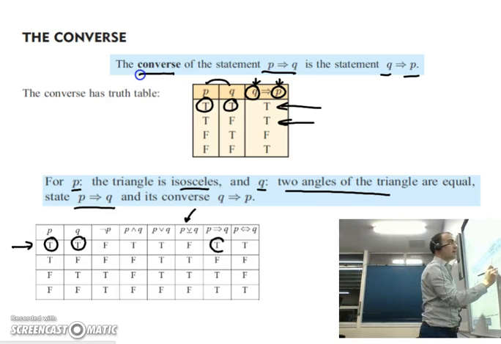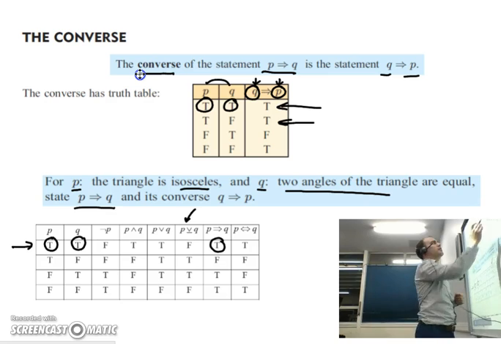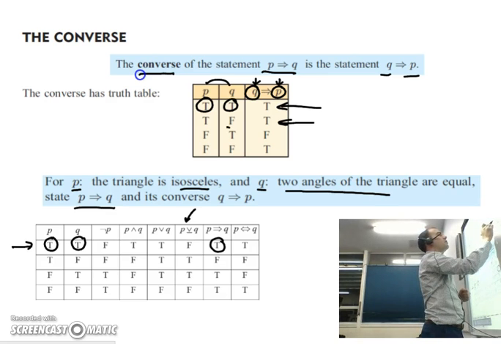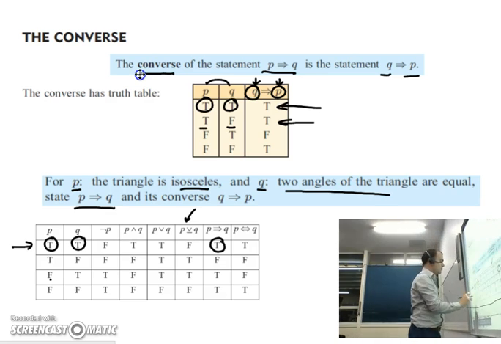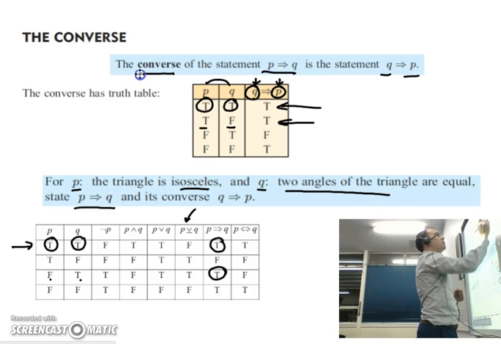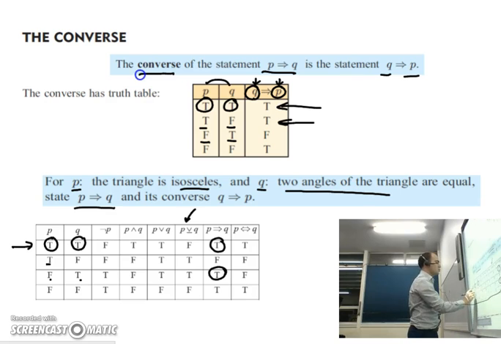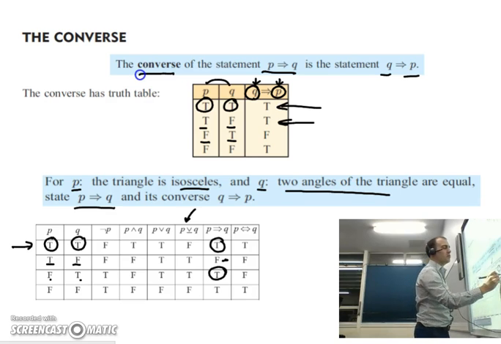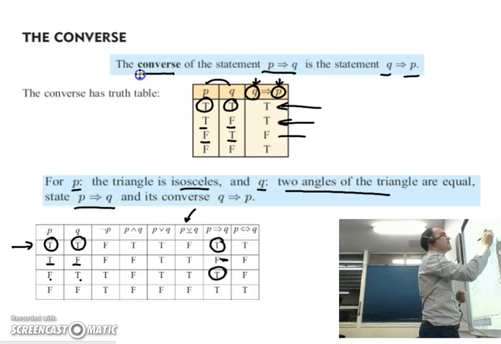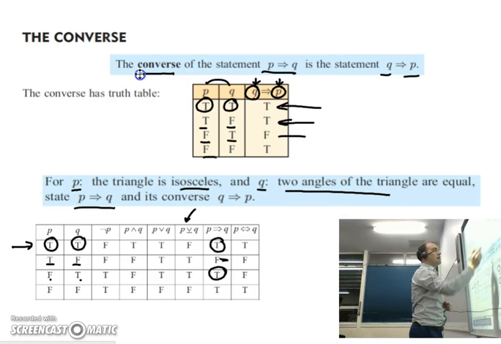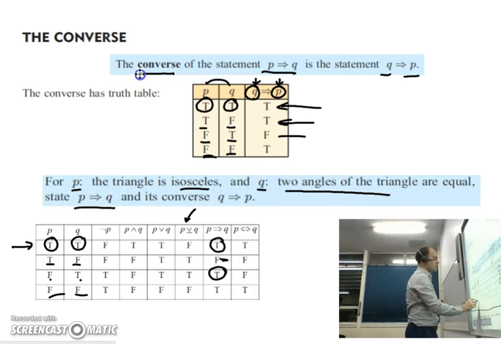Come over and I can see that the statement is true. The next one, starting with Q, false, true. Head on over, it will be true. Starting with Q, true, false. The statement will be false, and it stands. And the last one, false and a false, we know is true.